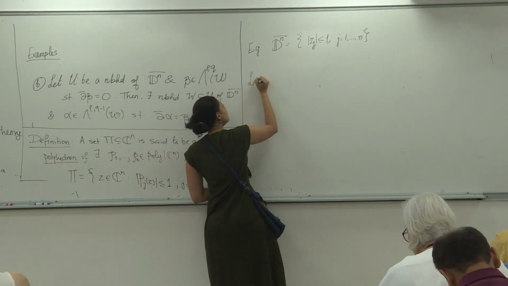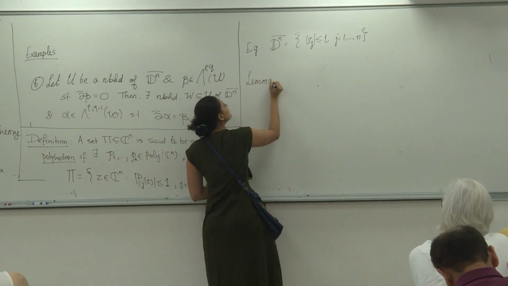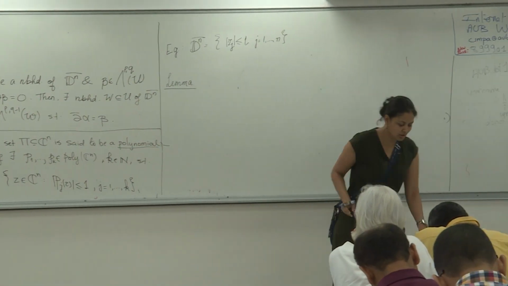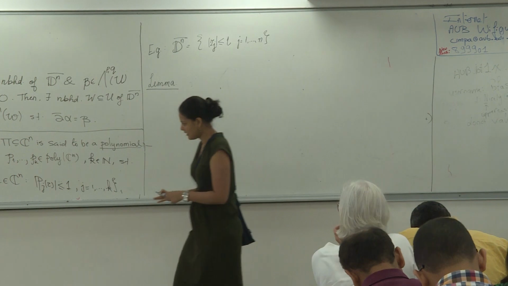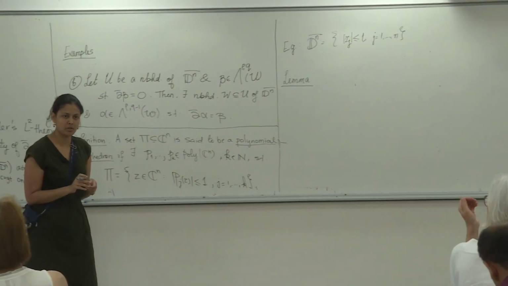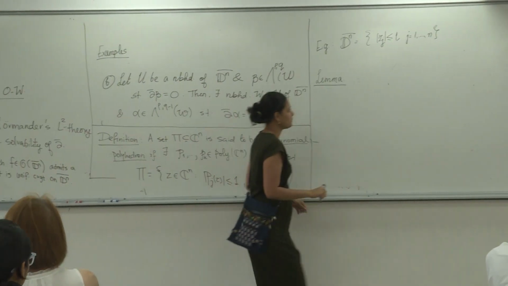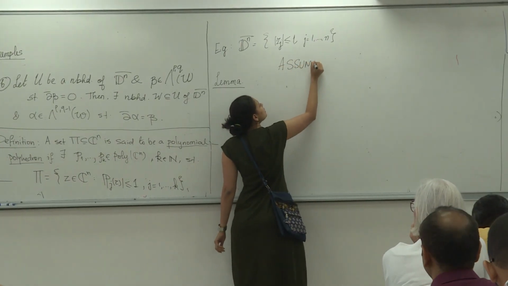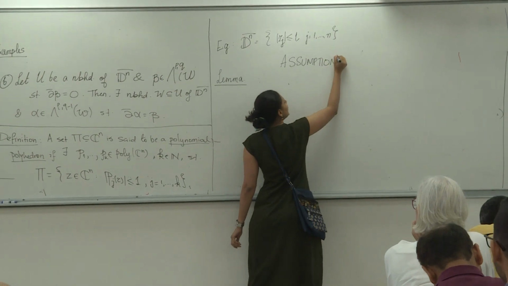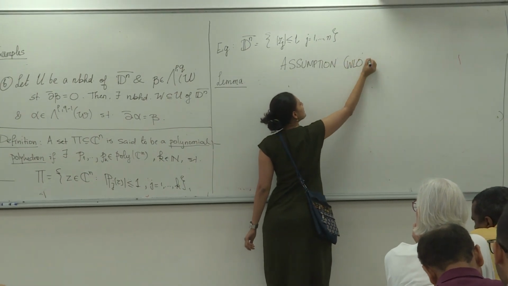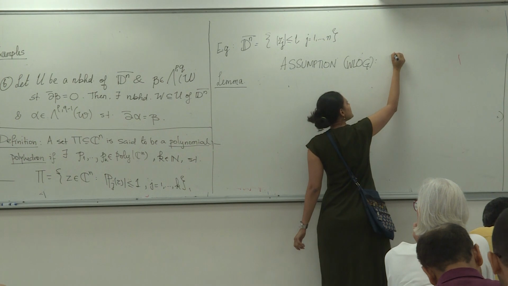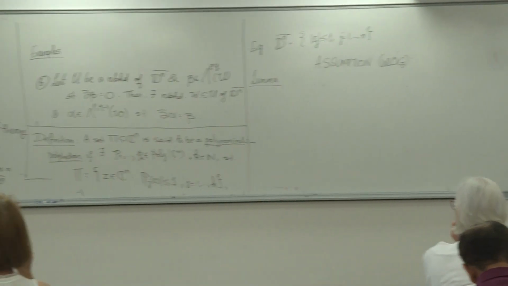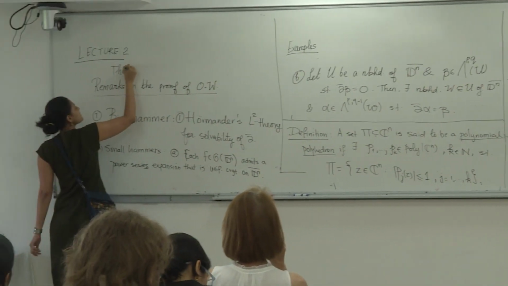Okay, so what do we do with something like this? So lemma. Somehow the polynomially convex set has something to do with polynomial polyhedra. What does it have to do with polynomial polyhedra? I'm going to do another without loss of generality, and you have to think about this. So what are we trying to prove?